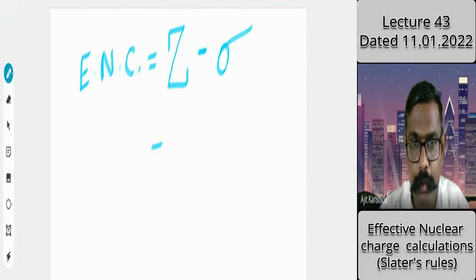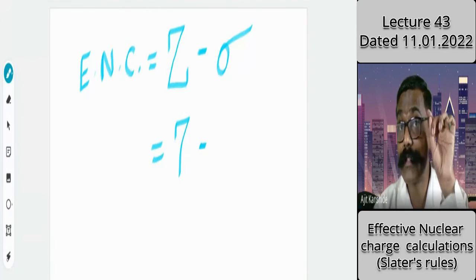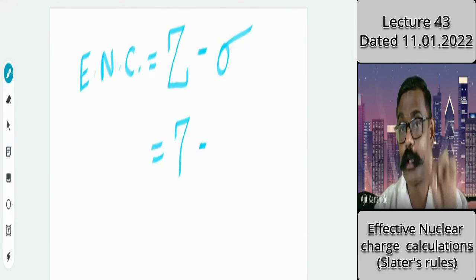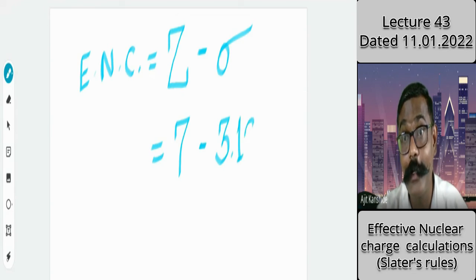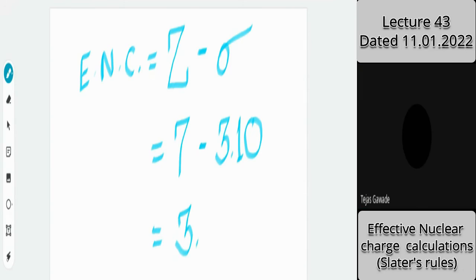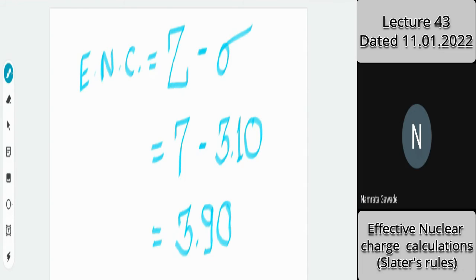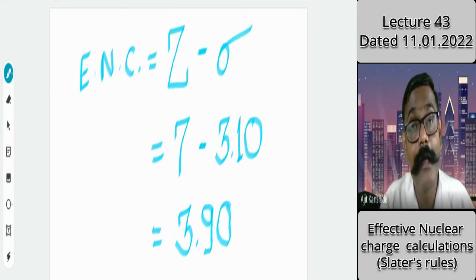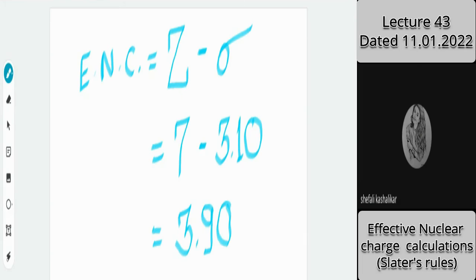In our case, nitrogen, what's the atomic number of nitrogen? 7. 7 minus how much shielding constant? 3.10. Right. Brilliant. So what will the answer be? 7 minus 3.10 is 3.90.